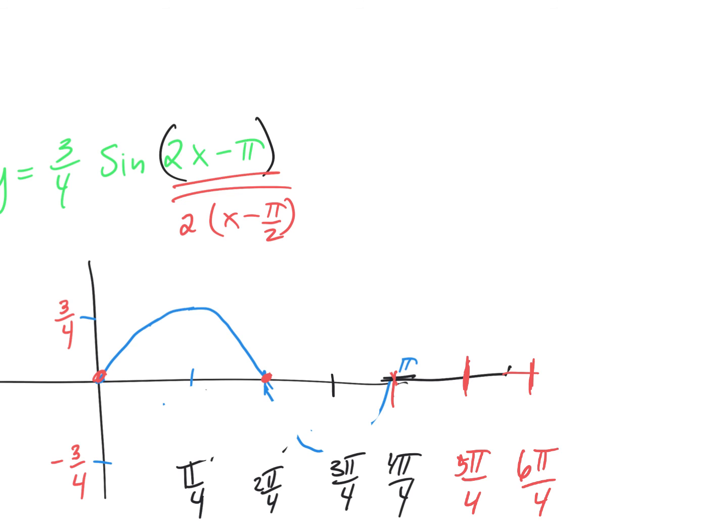Now, I could start here. I'm going to make it green this time. There we go. Okay. So everything got shifted to the right. That was the hardest thing, for sure, the phase shift.